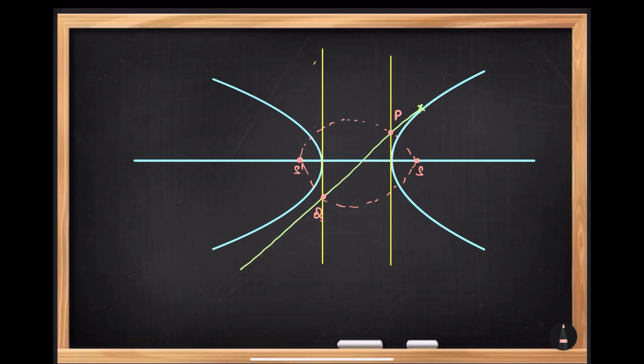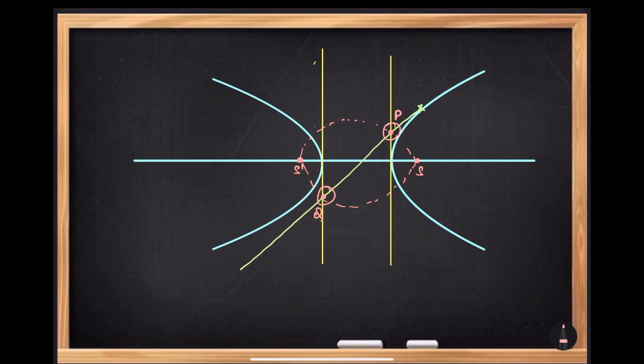So you have to take a random point on the curve to which you will drop a tangent. Now you will draw the tangents at the vertices. Now your tangent will touch the tangents at the vertices twice.